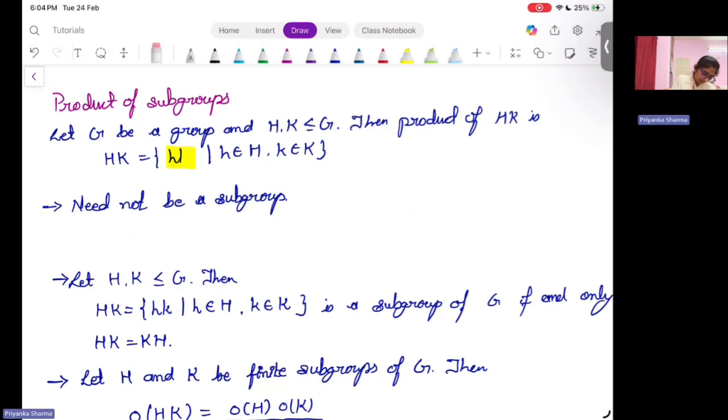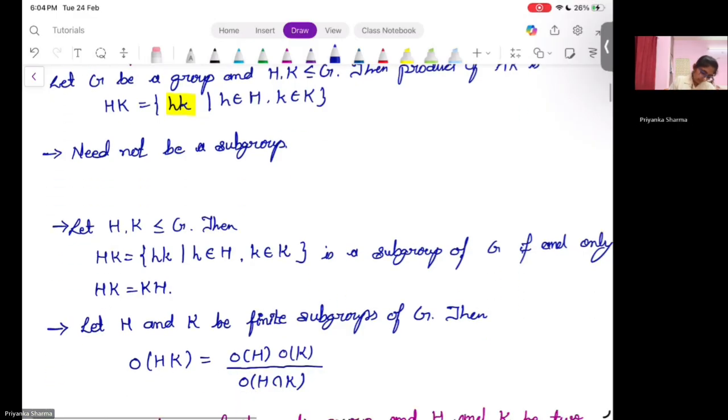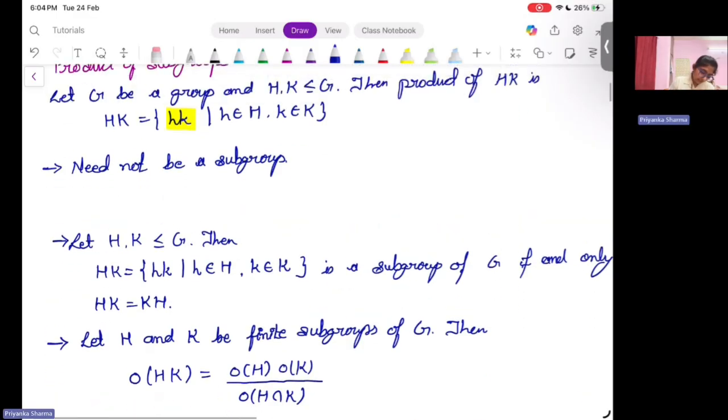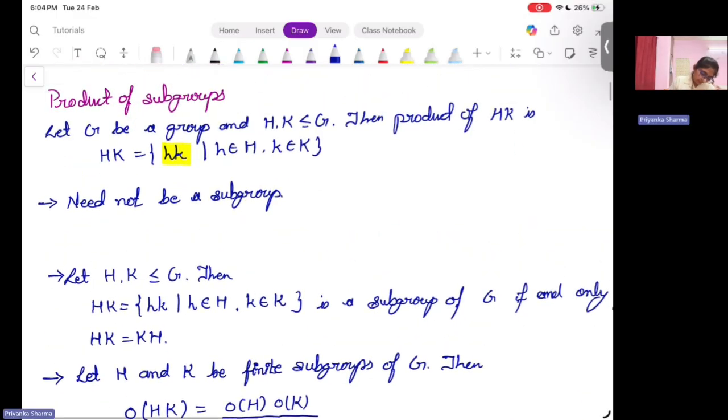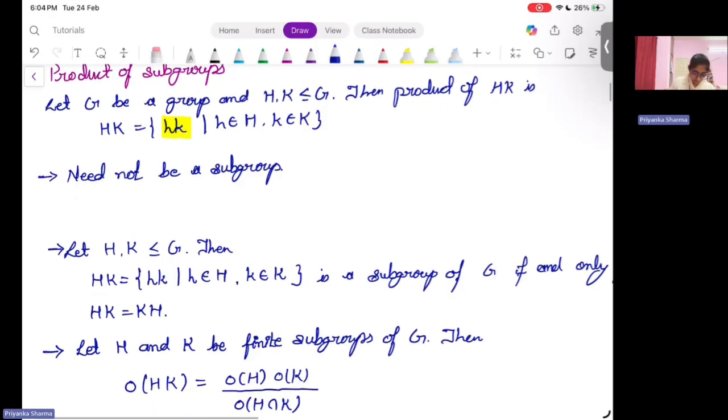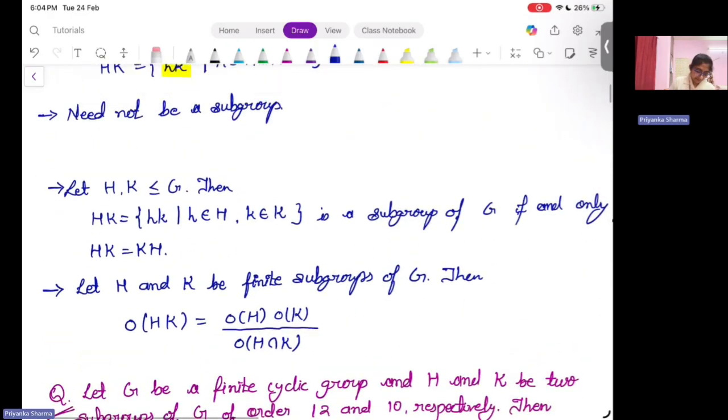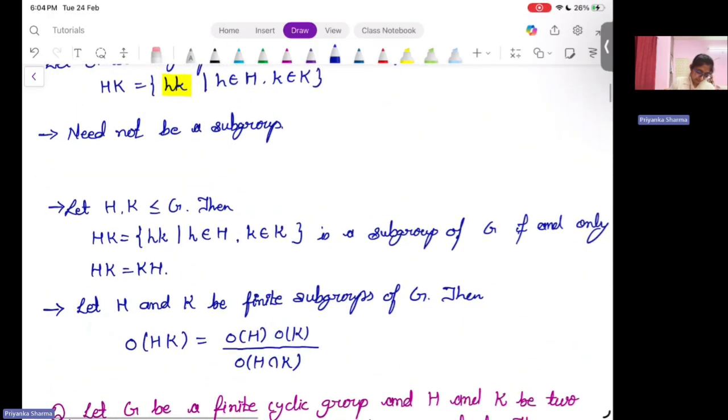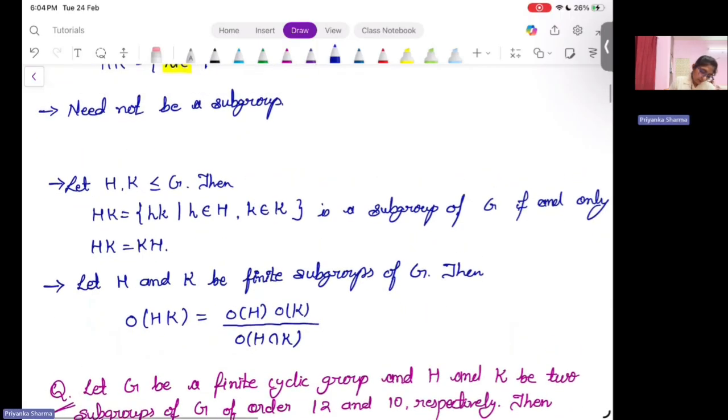In the previous tutorial session, we discussed that the product of two subgroups need not be a subgroup. And we discussed an example for this. So what will be the criteria for product of two subgroups to be a subgroup again?